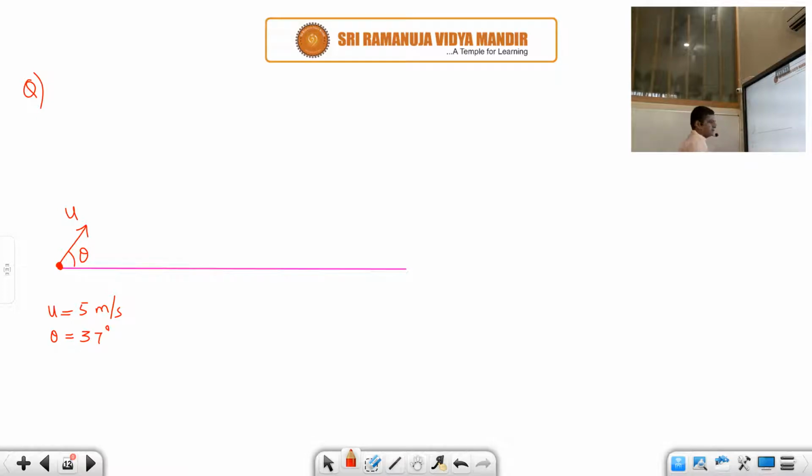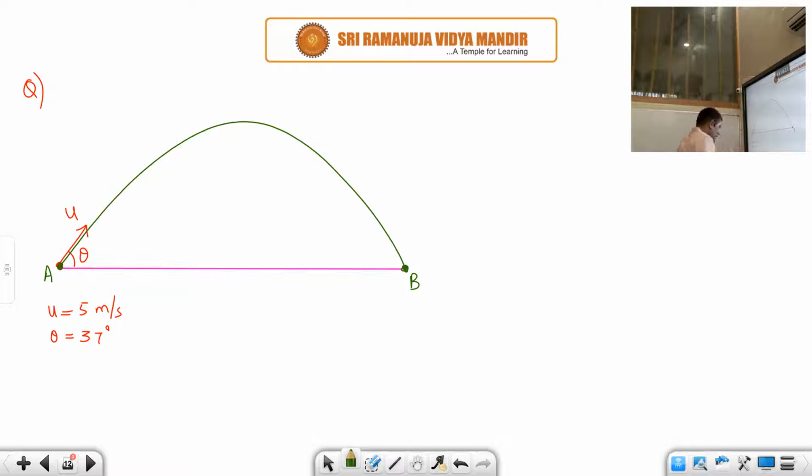As usual, it will follow a projectile path like this and then fall. Let us say this point is A and this point is B.